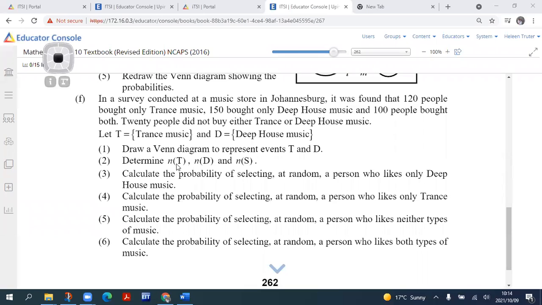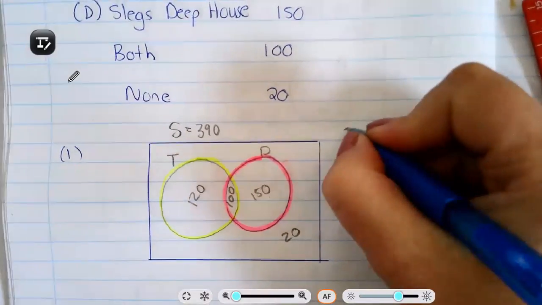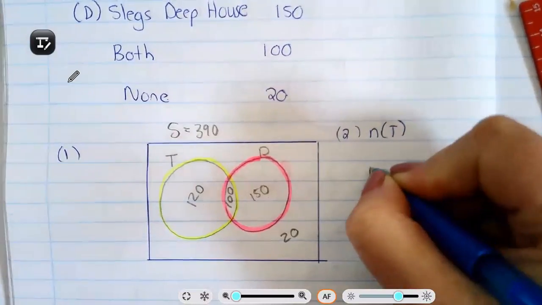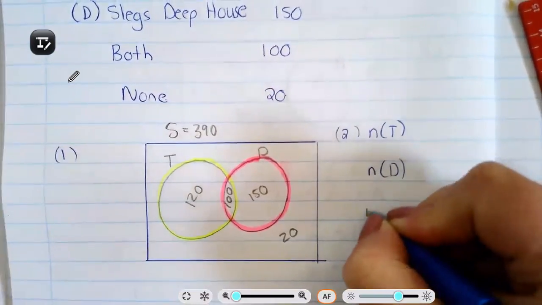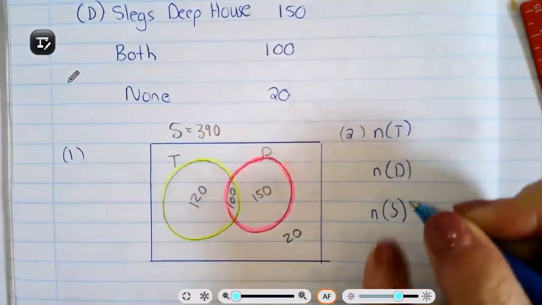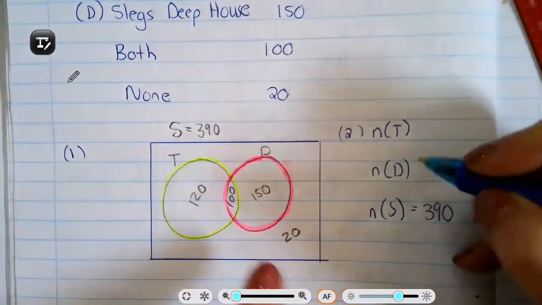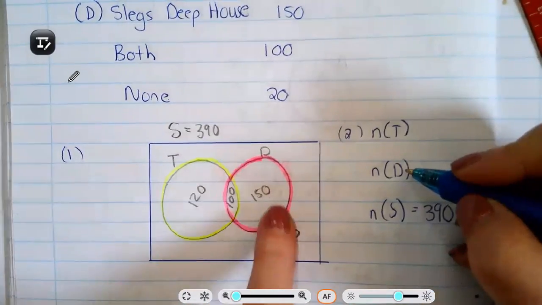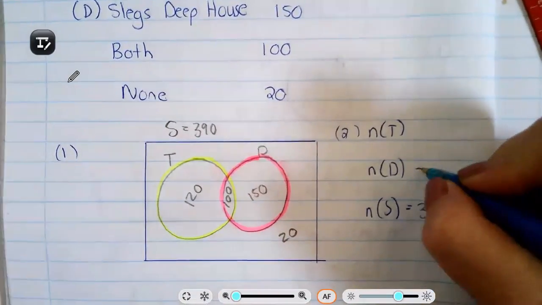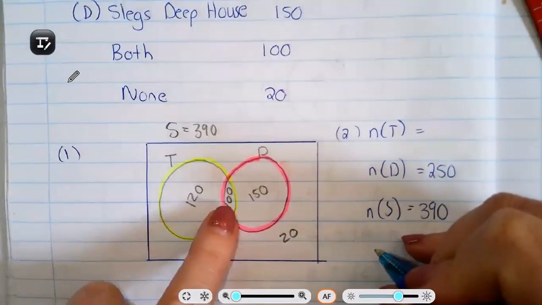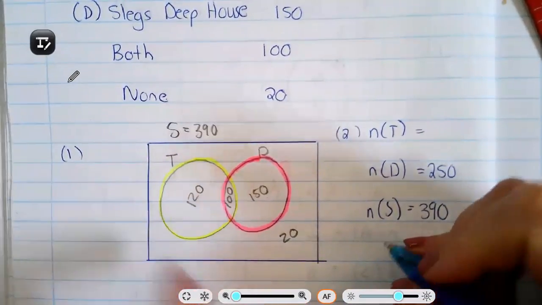Determine the n of t, the n of d, and the n of s. N of s het ons nou net gedoen. 390. N of d is nou die 150 en die 100 saam. N of t is die 120 en die 100 saam.